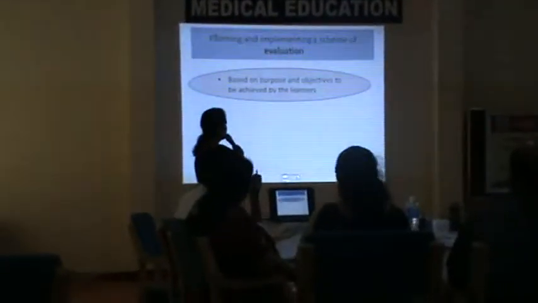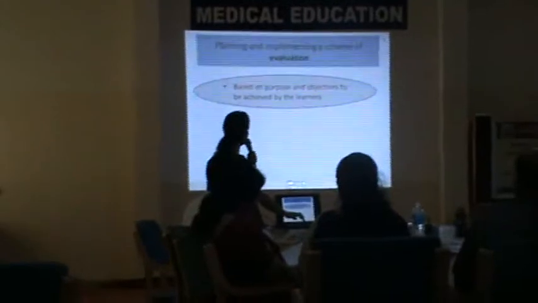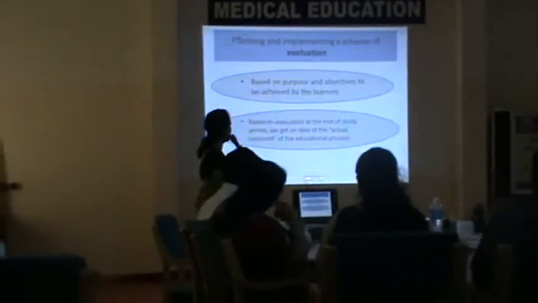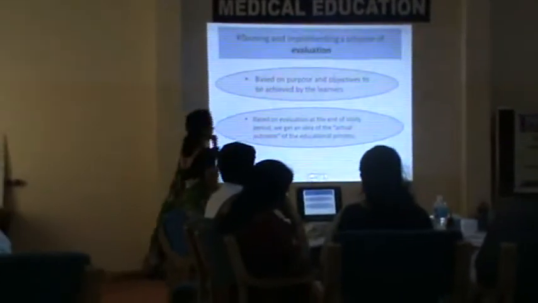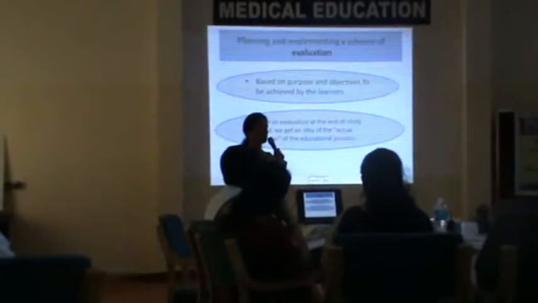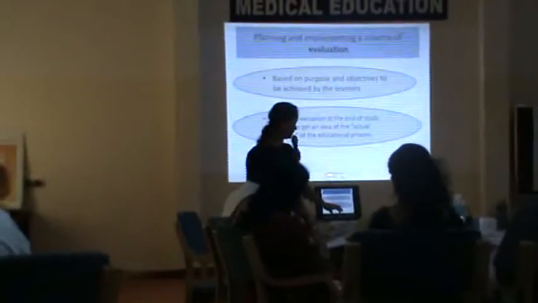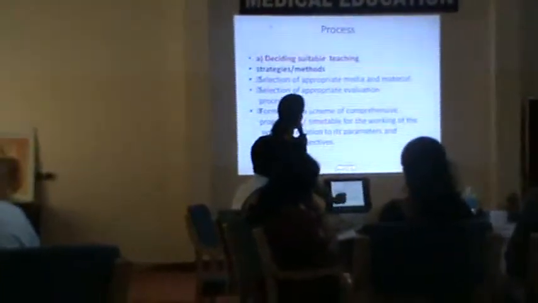So planning and implementation is again based on the purpose and objectives achieved by the learners. Based on evaluation, at the end of the study period, we get an idea of the actual outcome. So there is the expected outcome and the actual outcome, and after the results we know whether we have achieved it.